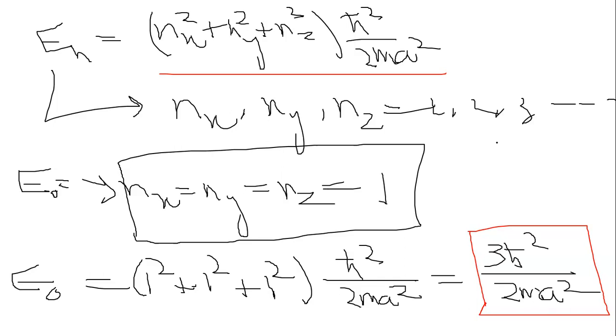If the ground state for a three-dimensional potential box consists of nx, ny, and nz all equal to one, then what will be the first excited state, and what will be the energy of the first excited state? That is, what will be the values of nx, ny, and nz for the first excited state and the energy values?